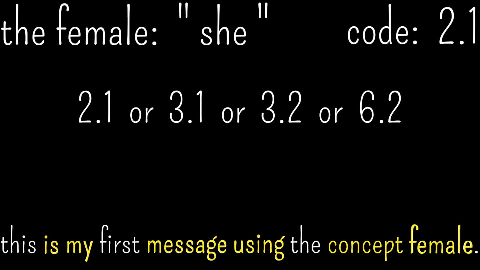Imagine that instead of "first," we have another word like, I don't know, "awful" or "silly" or whatever word that you want to write down. Then the sentence would say, "This is my awful message using the concept female." This is the literal message.